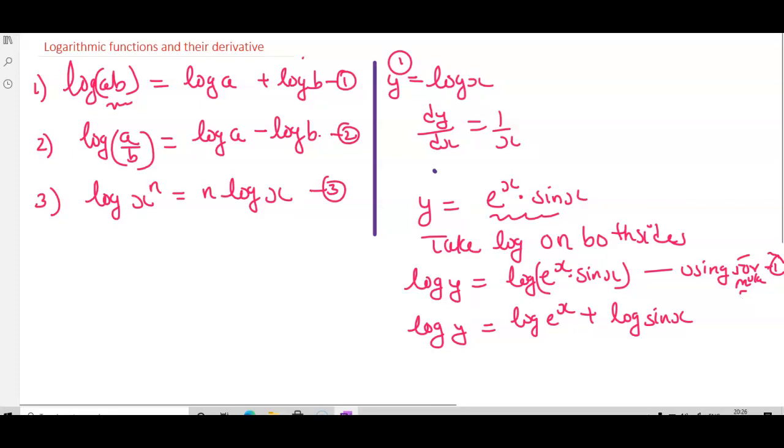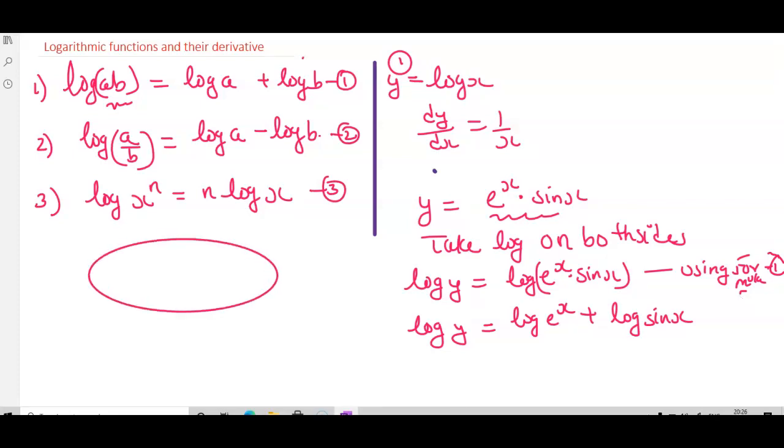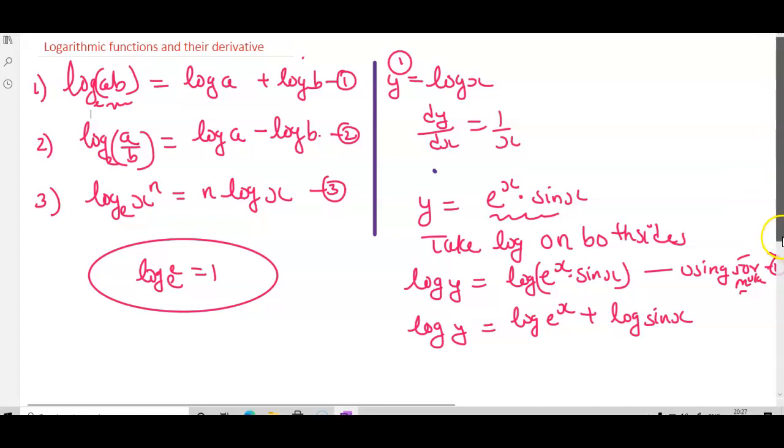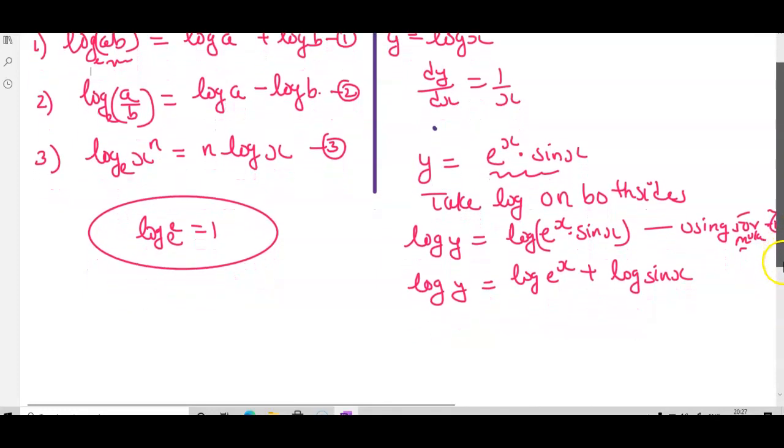Prior to it, I should also let you know that log e to the base e is 1. All the bases which I am using in the log are of e. So whether you write log x in derivatives, it automatically understands that you are writing log to the base e.